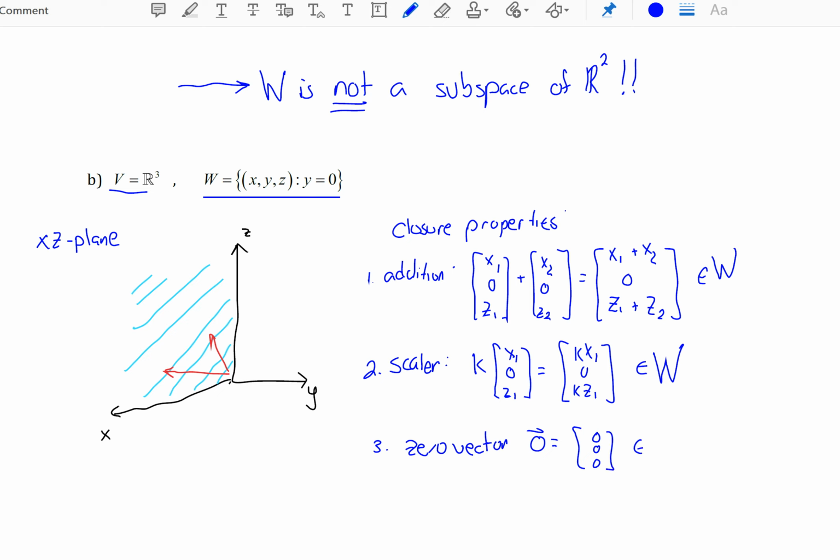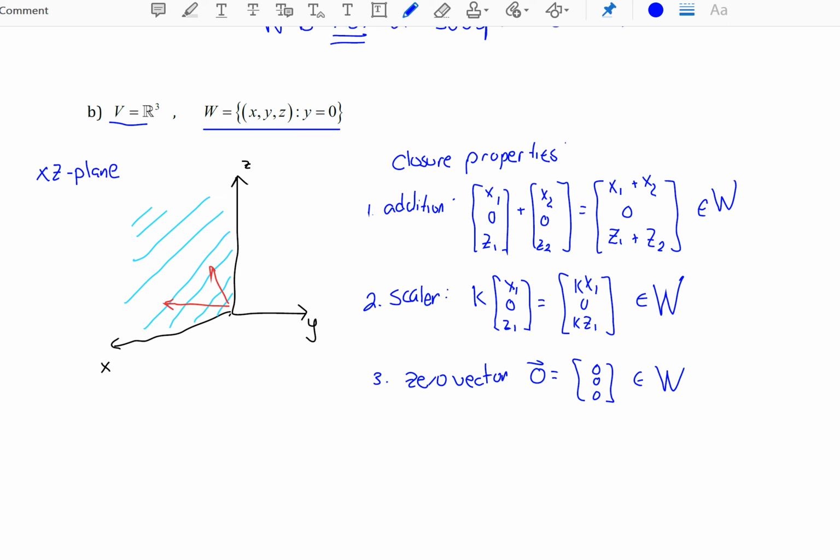And that's an element of W. I think this is enough for us to conclude that yes, W is a subspace of R3.